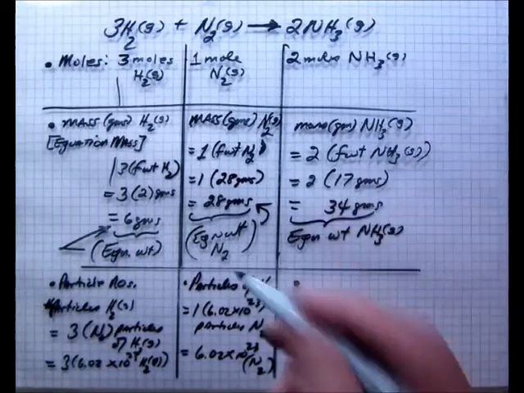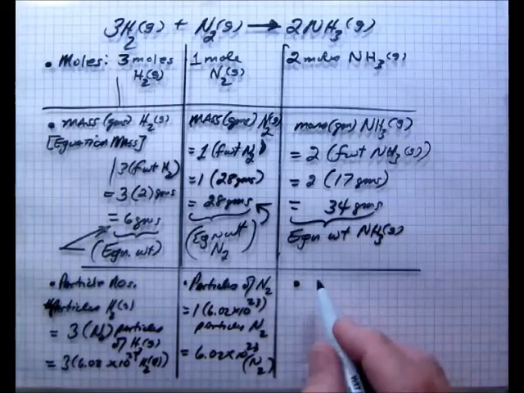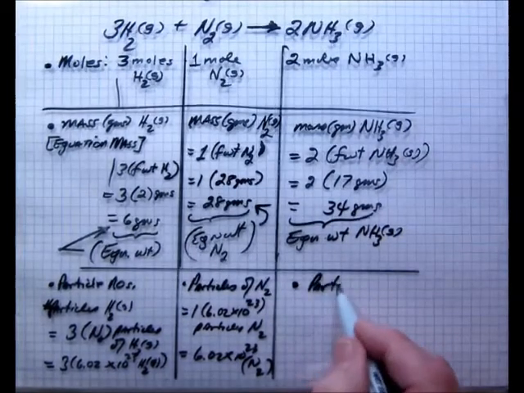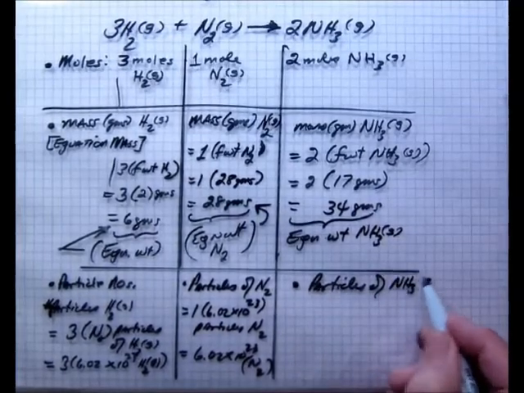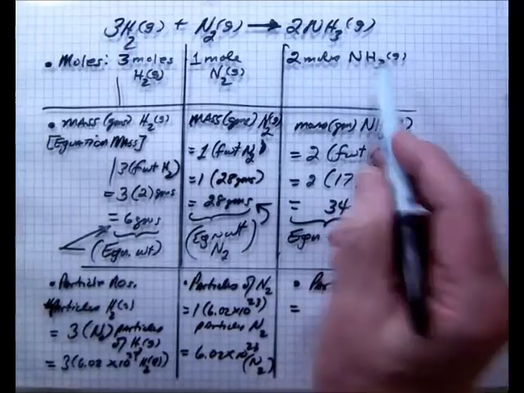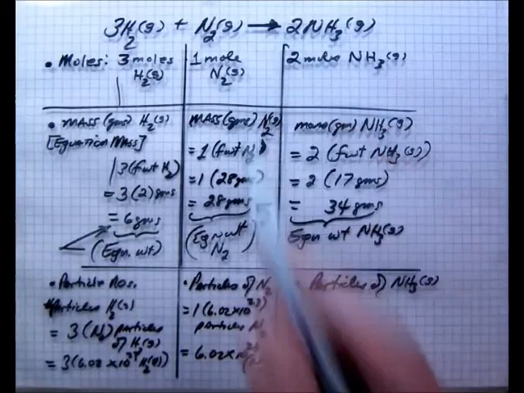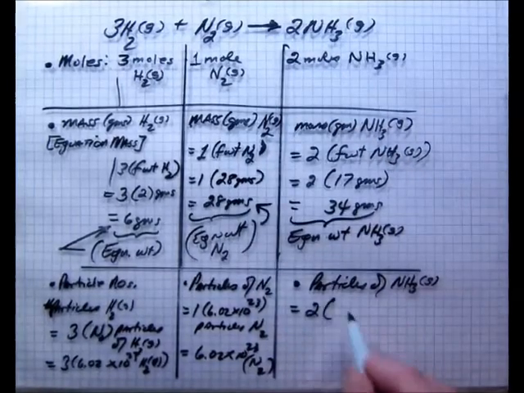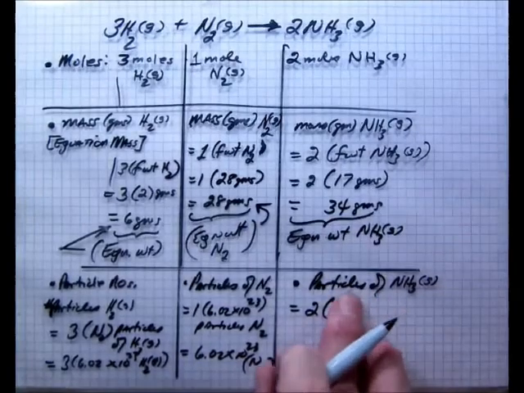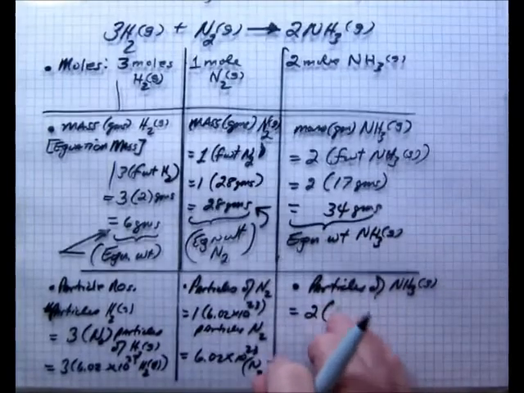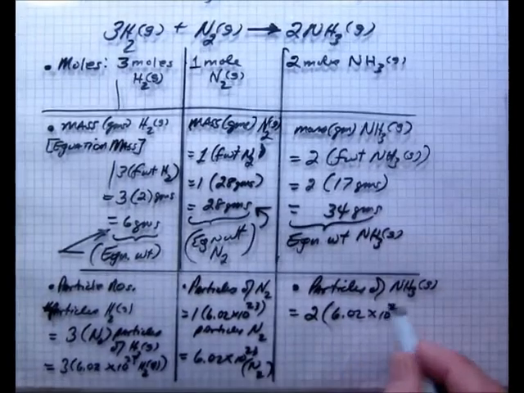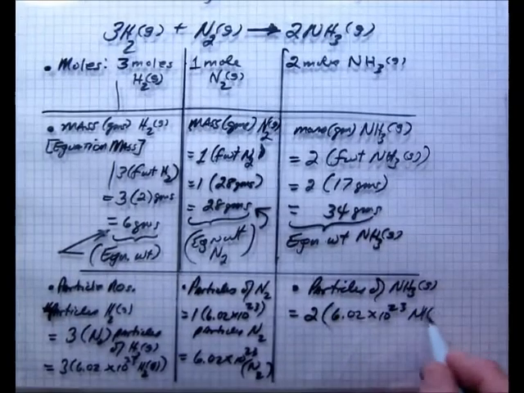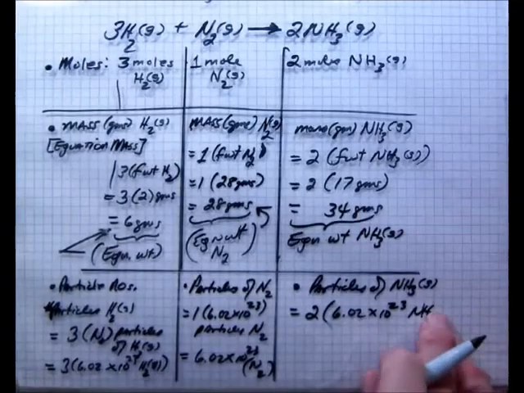Finally, to round this out, the particles of ammonia gas is, of course, 2 moles in the expression, 2 times Avogadro's number, or simply, I'll just write it out, 2 times 6.02 times 10 to the 23rd ammonia molecules, NH3.